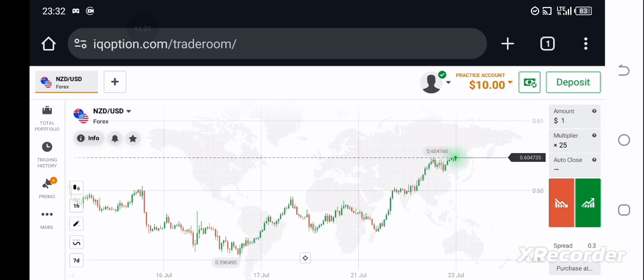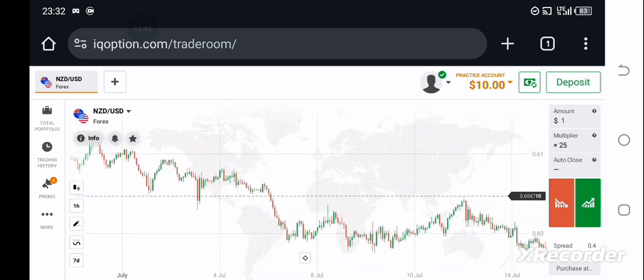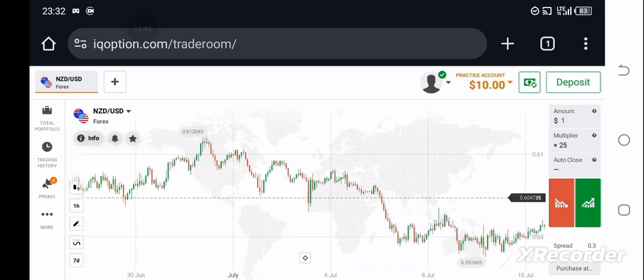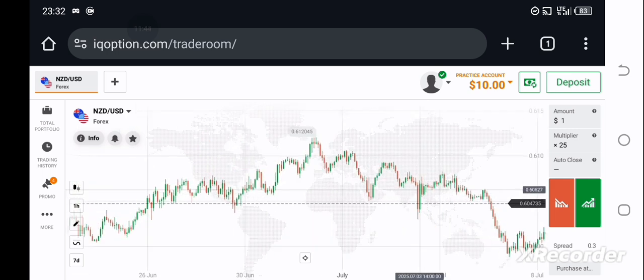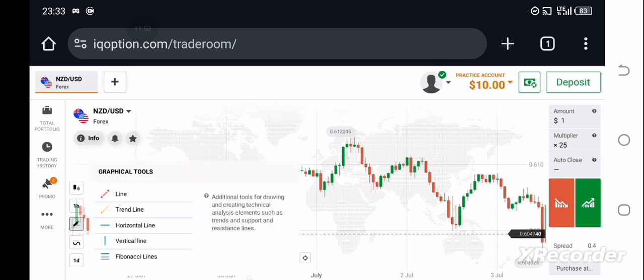So make sure the market is respecting support and resistance. How will you know that the market is respecting support and resistance? By drawing the trend lines, or if the market is ranging, you draw the flat lines, or the range box line, just to indicate that yes, the market is ranging.